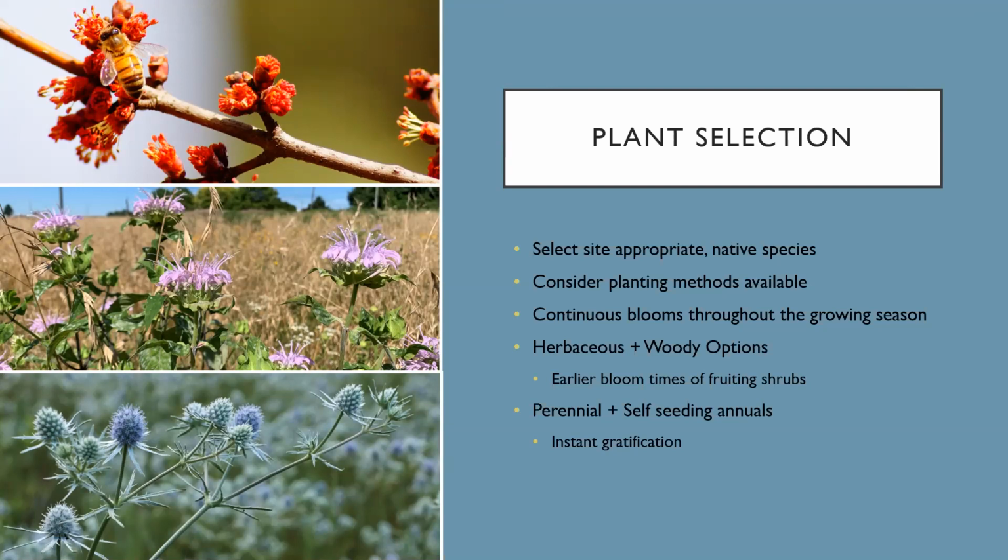And so this could be considering between woody or herbaceous plants. You want to focus on providing, again, blooms throughout the entire growing season. So some early species that are blooming around here would be columbine or coreopsis, and then your later species are something like goldenrods and asters.